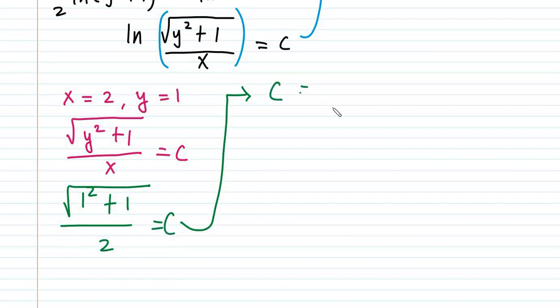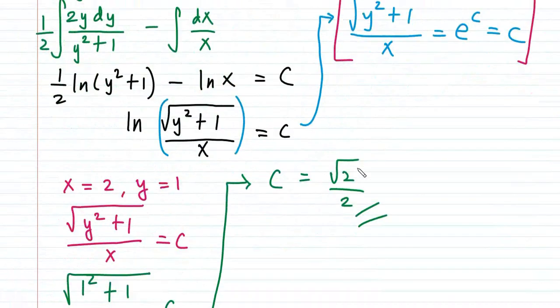So now we see that c is equal to the square root of 2 over 2. Okay? So the next step is we will substitute c back to our general solution to get the particular solution.